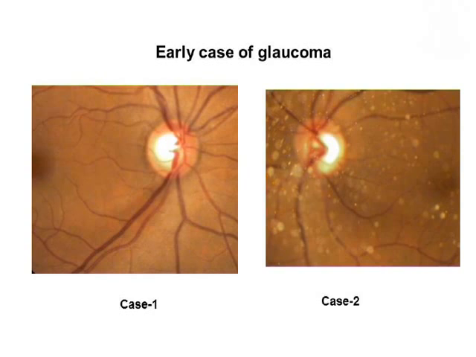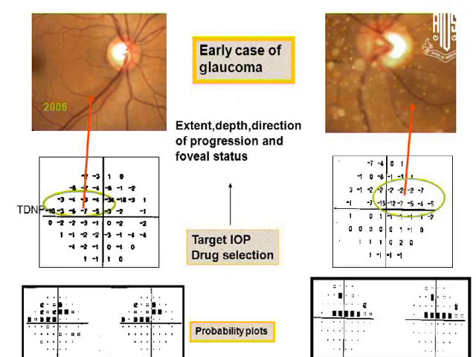So in an early case, I will tell you about early cases of glaucoma. In two cases, the approach will be different. Both are early. A nerve fiber bundle defect is appreciated, and you see the scotoma here.